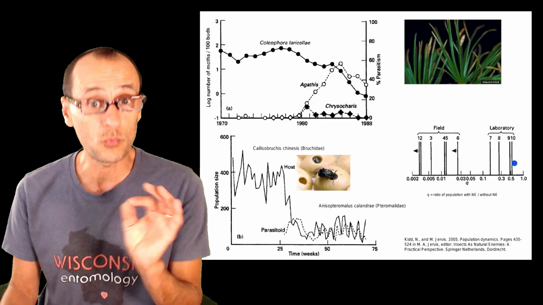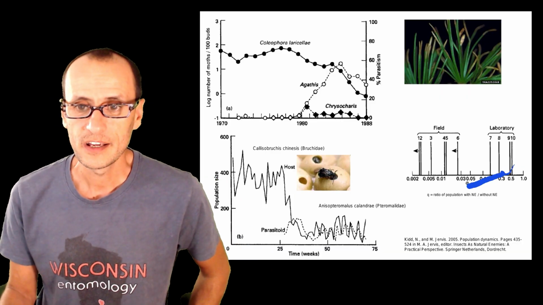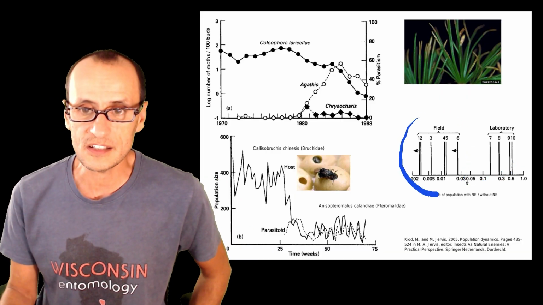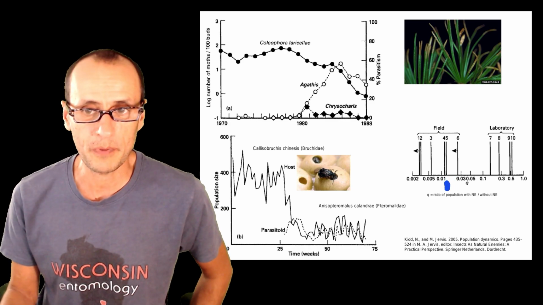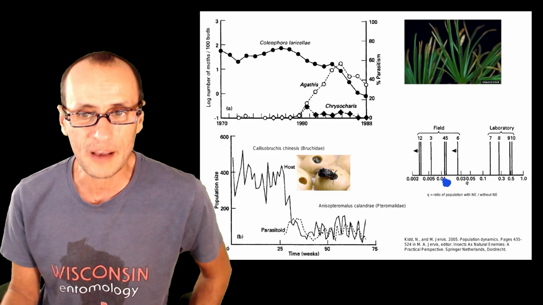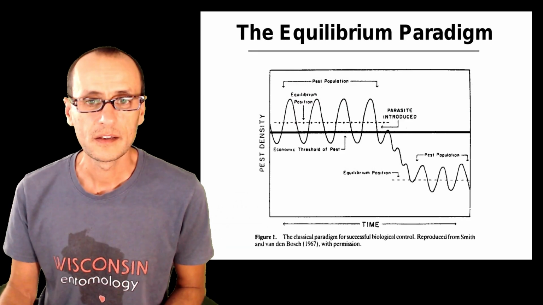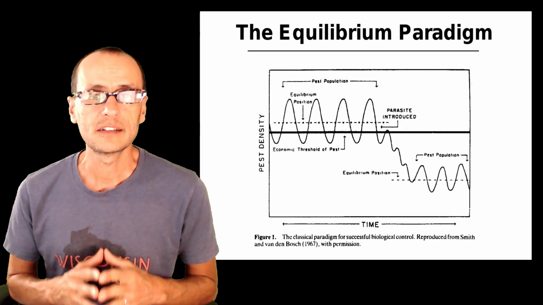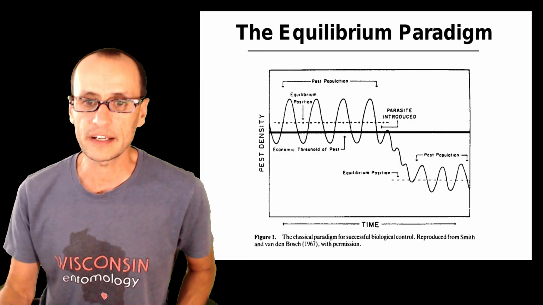So this is the ratio of population with or without a predator. And in the field, some of these studies here showed that populations with the presence of predators or parasitoids were as much as 99% lower, for example, here, than in the absence of those predators.